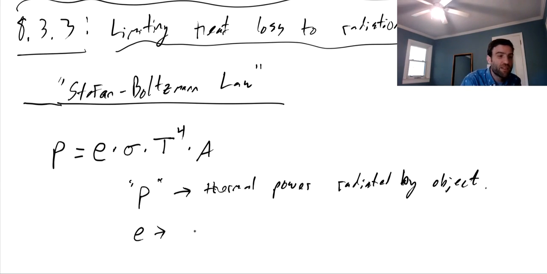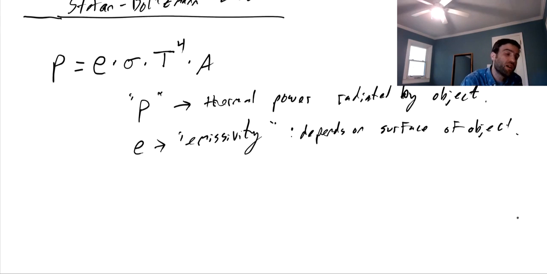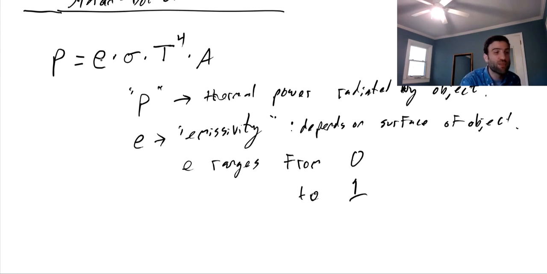E, this is the emissivity of an object, and it's a property that depends on the surface of the object. This emissivity ranges from 0 to 1. So in this equation, E is always going to be a number between 0 and 1.